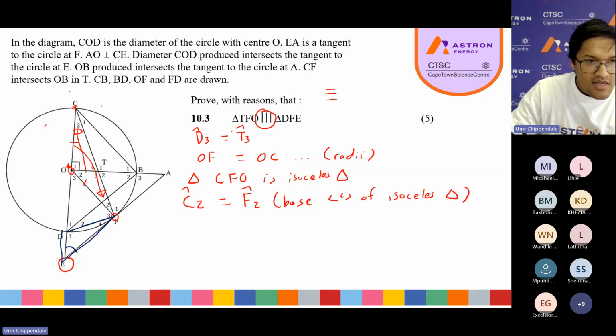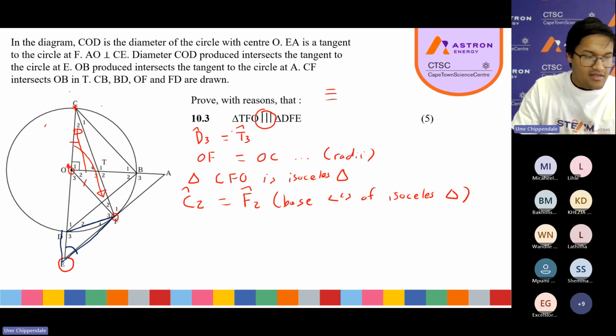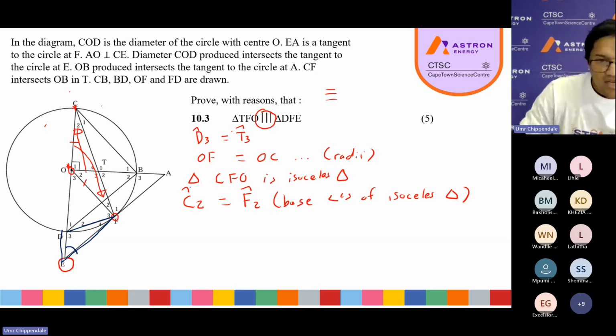So angle E would actually be equal to the sum of the angles of a triangle, because we know that is now going to be equal to 180. So if that's the particular case, we can then say E is equal to our O2. So it's this part over here, so O2, because these are our angles that we have.